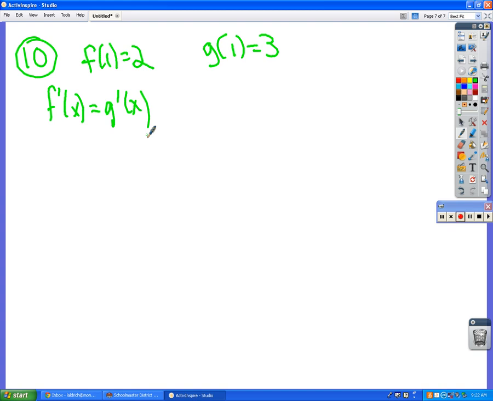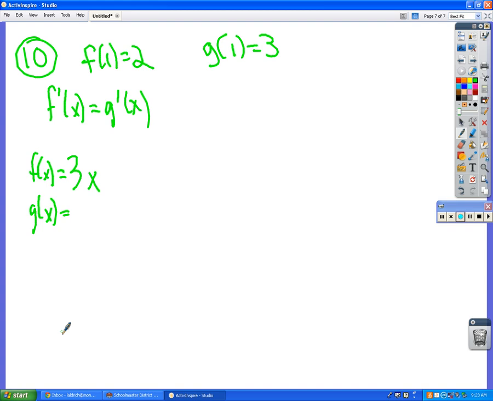The original one is the same. Is it exactly the same? No. What can be different about the two functions and the derivative will still be the same? For example, if I said f of x equals 3x, give me a thing that g of x could be, and the derivatives would be the same, but the functions would be different.